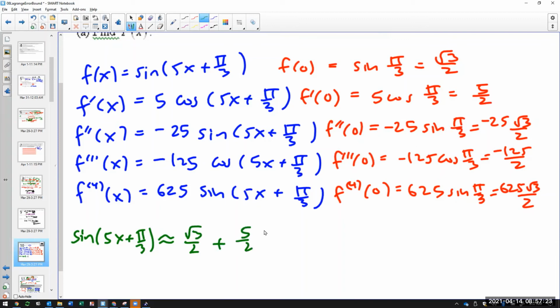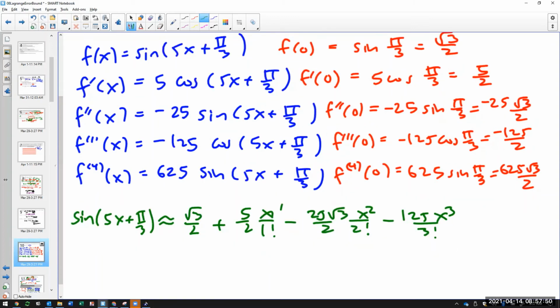The center of this is 0, right? So it's x to the 1 over 1 factorial, minus 25 square root of 3 over 2 times x squared over 2 factorial, minus 125 over 2 times x cubed over 3 factorial. And I just need to go to the third degree, I think. Sometimes they call this p of x.